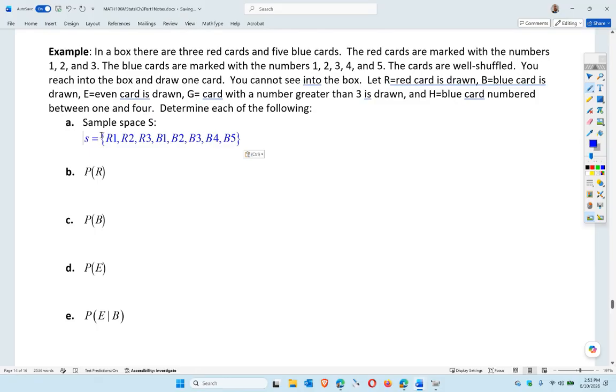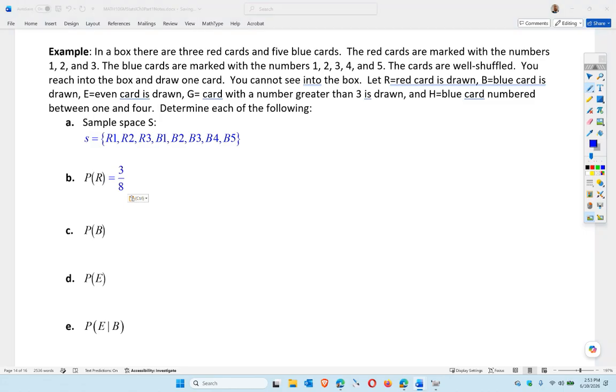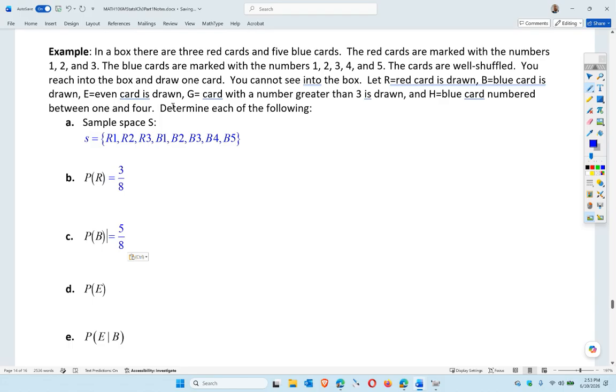Not that it makes any difference, right? So R is the red drawn, so there's 8 things here, right? And 3 of them are red because it's 1, 2, and 3. Okay. The blue, there's 5 of them, right? So that's 5 out of 8. E is even, so that's 2, 2, and 4. So that's just 3 of them for the evens, correct?